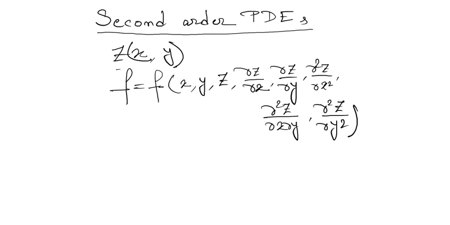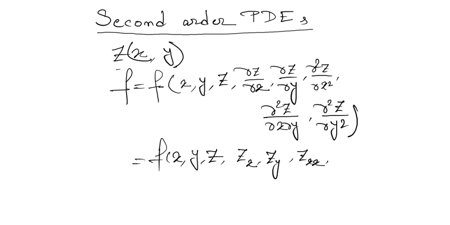For example, this can also be written in short as f of x comma y comma z comma zx, zy, zxx, zxy, zyy also.